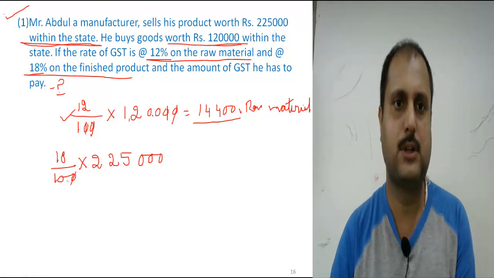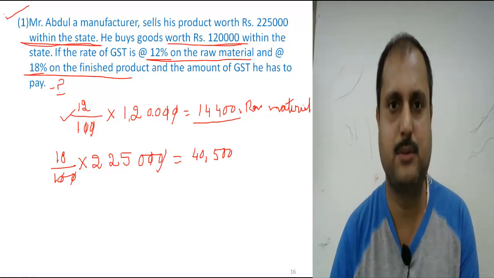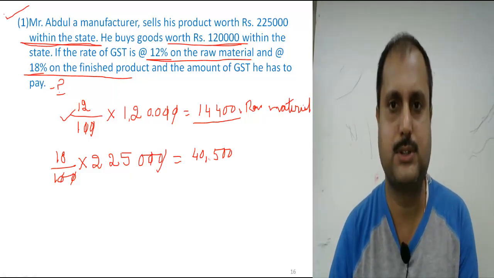You can cancel the two zeros, and after that the total amount will come to 40,500. I can do the mental calculation, but you can multiply it on your own. So 40,500 is called the output GST.